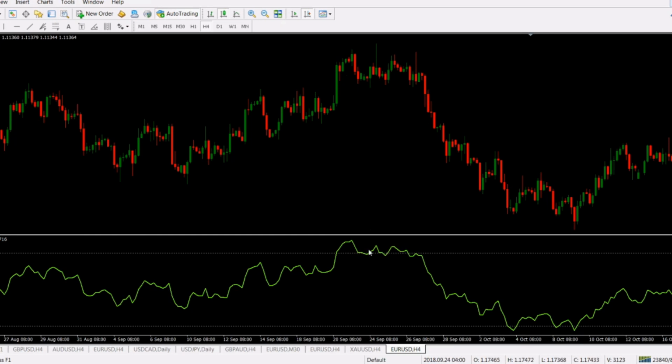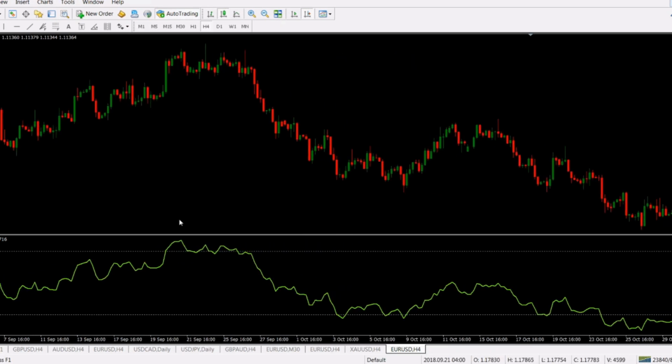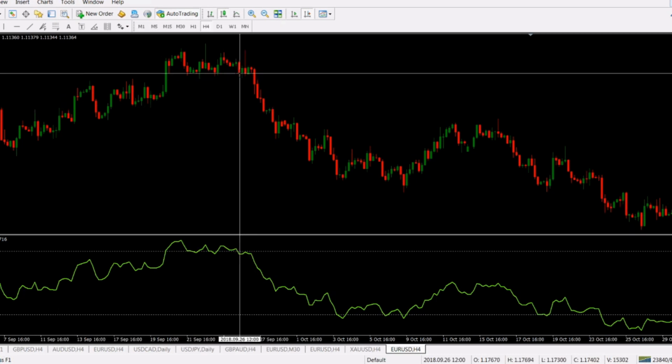It's not the buying area. We are here at the bottom. Here, when the indicator is so high, we are trying to sell. So I said once, twice, and the third time we sell here. And probably when we sold over here, in this area, we should get stopped at this top.